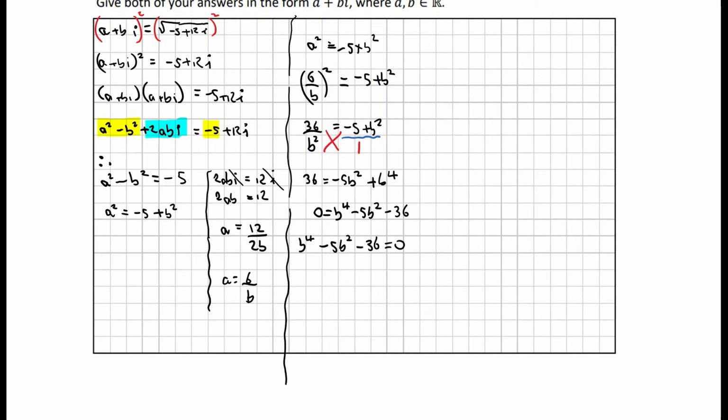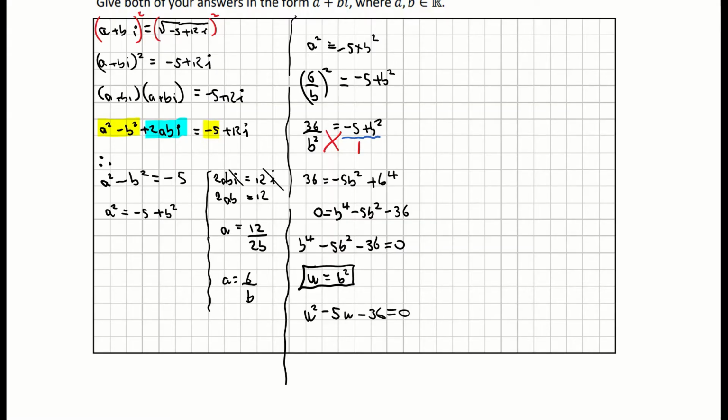Now, it's starting to look like a quadratic, except the highest degree is to the power of 4. So I'm going to use some u substitution here. So I'm going to let u is equal to b to the power of 2. So I can now rearrange my equation there to become u to the power of 2 minus 5u, because u to the power of 2 is equal to b squared, and minus 36 is equal to 0.